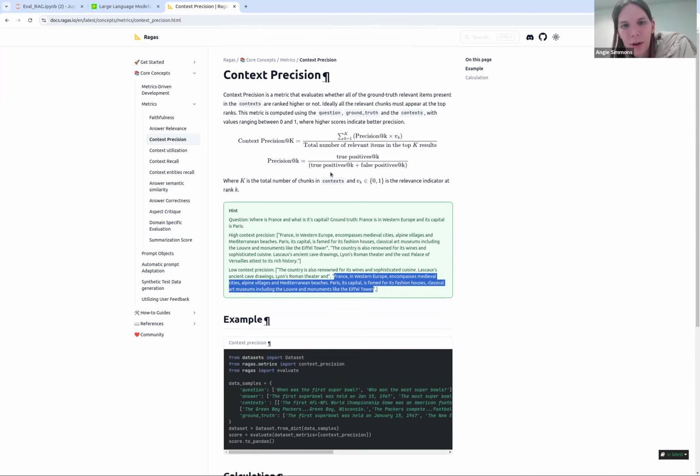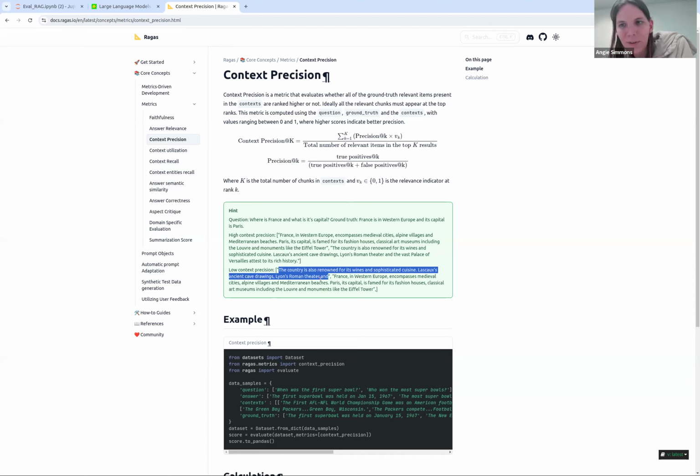So I think maybe it's saying when we consider the two most relevant, we've got one true positive and maybe this first one's still a false positive.